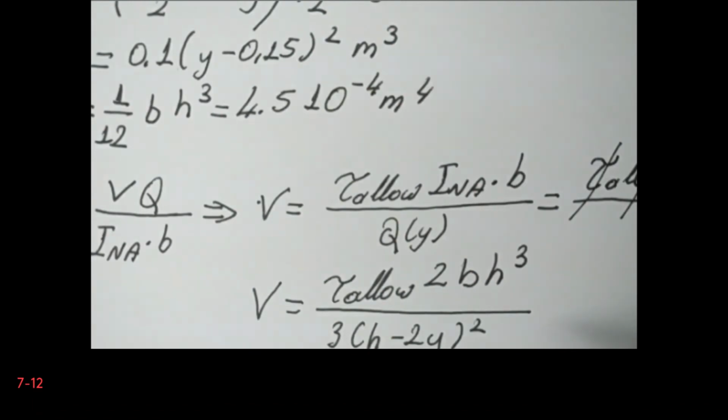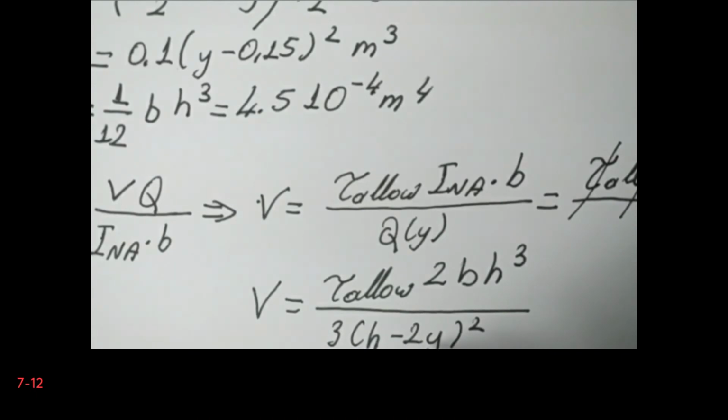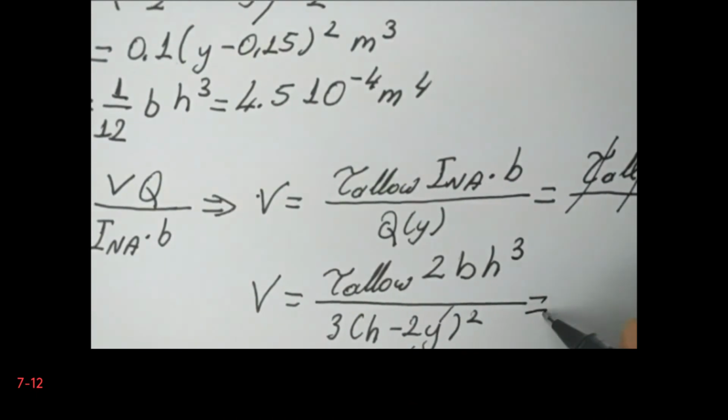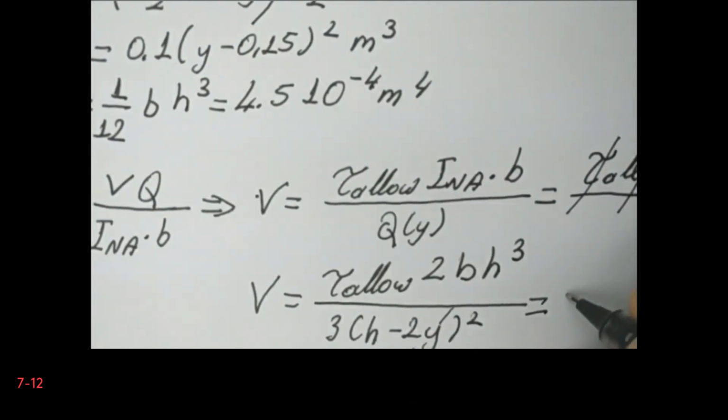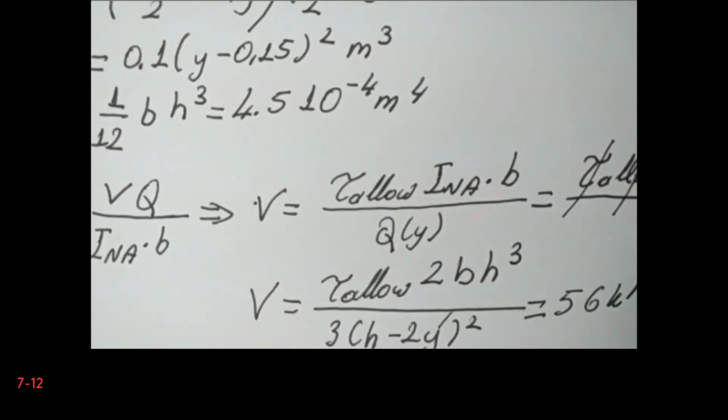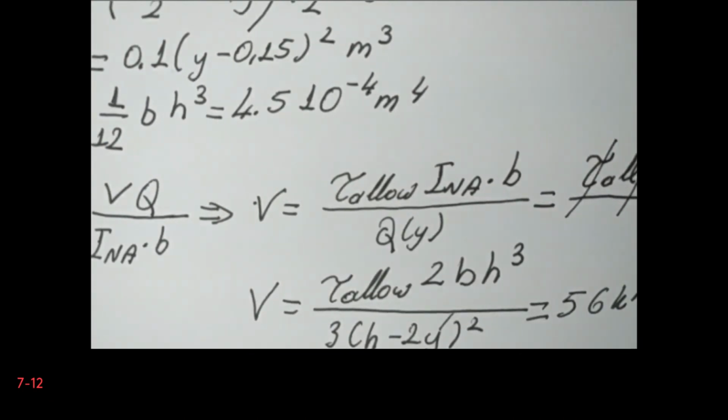So when you substitute 0 for y, what you are going to get is 56 kilonewtons. So basically, we know that the shear stress is maximum at the center. So the moment of the area is maximum.